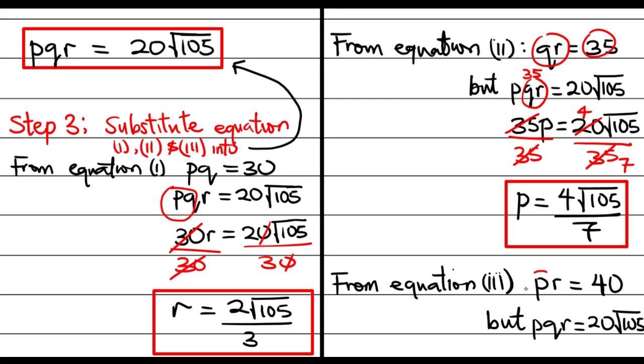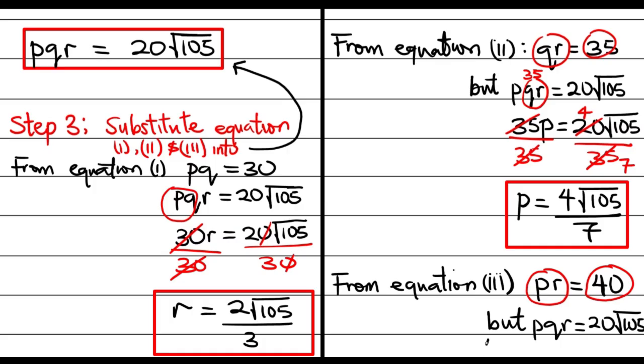So if PR, that is P multiplied by R, gives me 40, and I have the same P multiplied by R here, which shows that I already have 40 here, that is 40Q equals 20 root of 105.